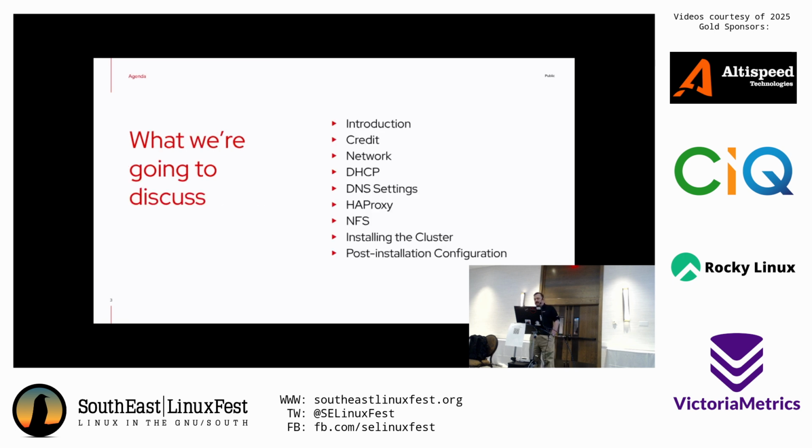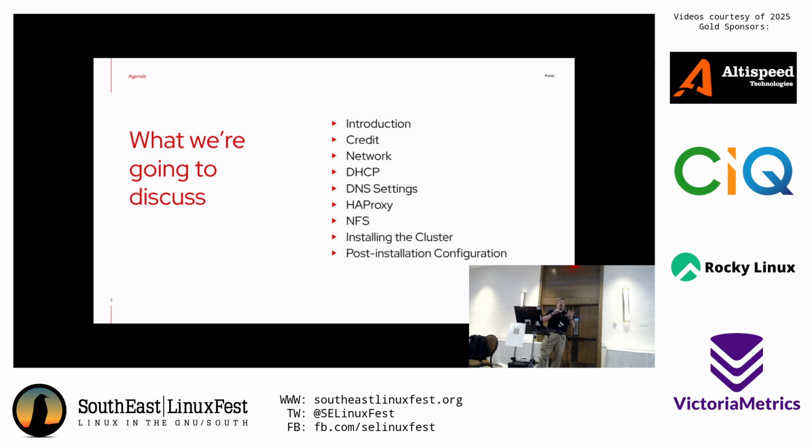What I'm going to talk about today is I'll do a quick introduction. I'm going to talk about where I got some of this knowledge from, because you've got to give credit to folks who have built the community. I'm going to talk about setting up OKD with physical hardware in a lab type of environment. You could do this in a home lab or something like that.